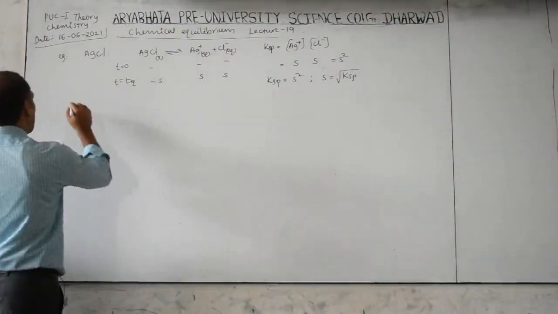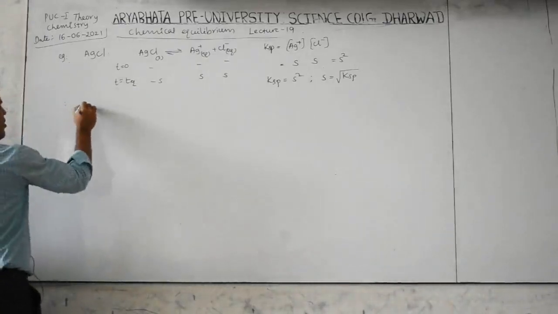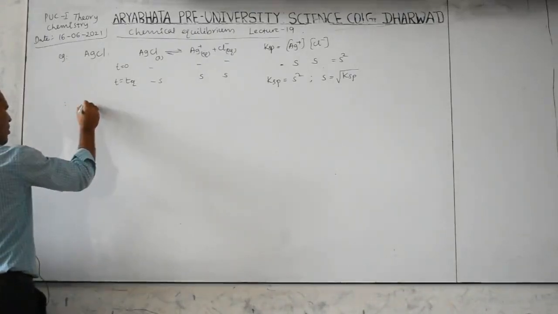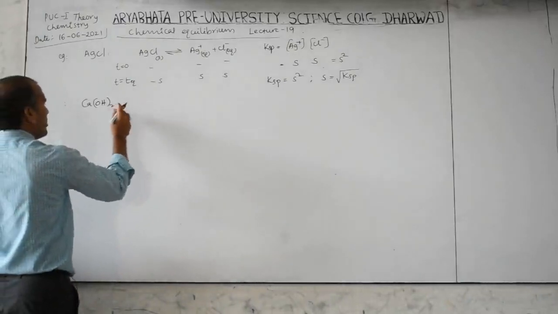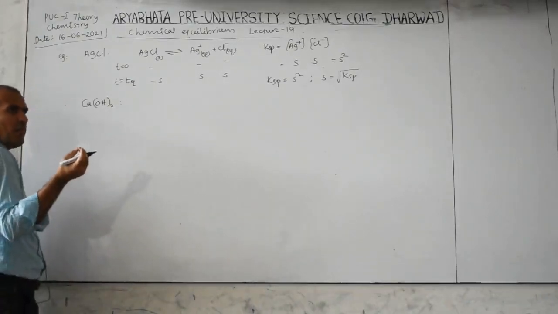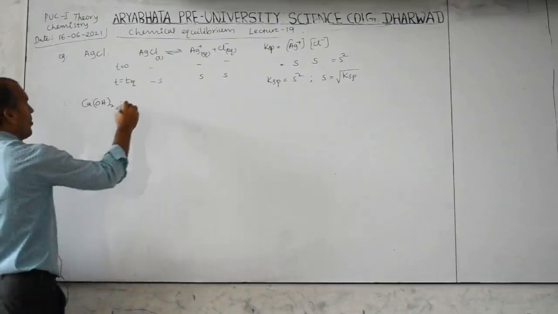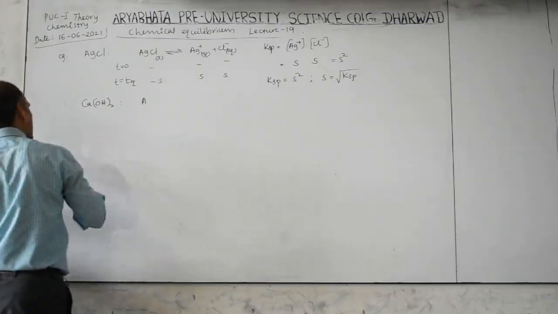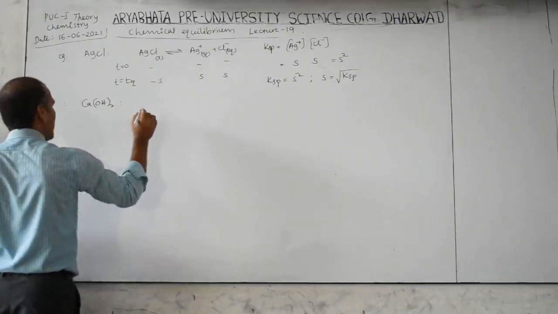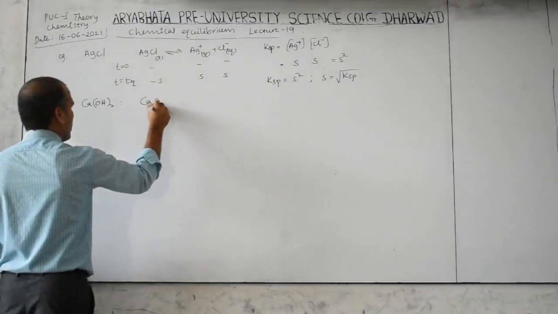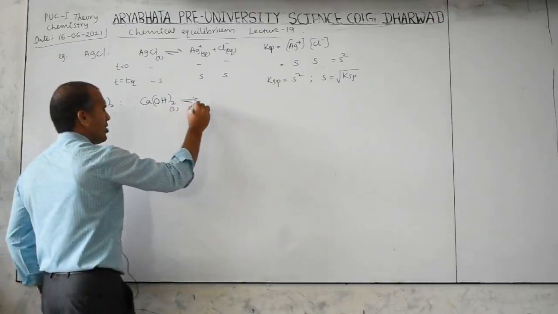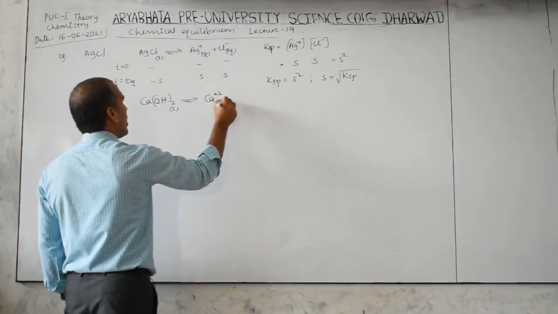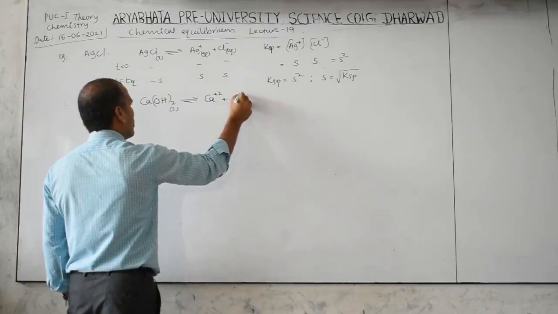Similarly, one more, calcium hydroxide is considered. How is it ionized? This calcium hydroxide is also a precipitate-like form. Calcium hydroxide, in solid form, is ionized into calcium plus 2 and OH minus.